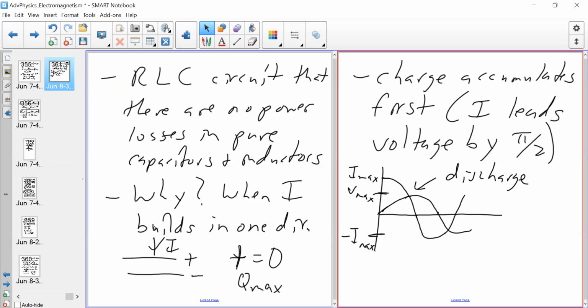So as I was saying before, just to summarize what I was saying earlier, the energy within the capacitor is given as 1/2 C delta Vmax squared. So when the voltage is at a maximum, this maximum peak here, we have the maximum energy.